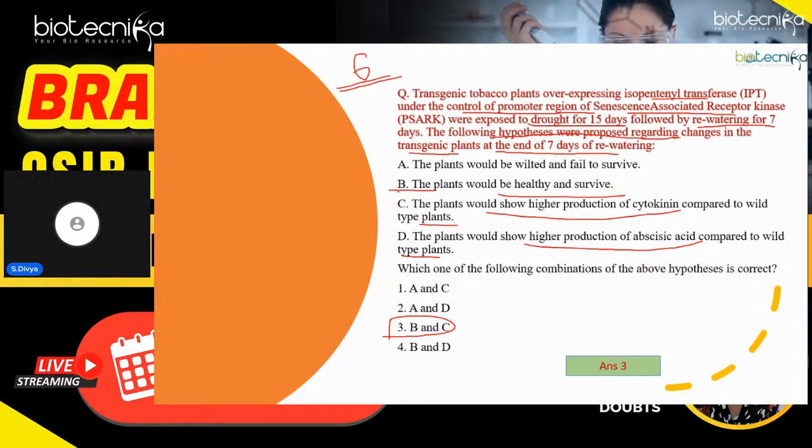Obviously, if statement B is correct, you can eliminate statement A. After rewatering, the plants are able to survive. And if statement C is correct, after rewatering, at that junction, you will find high production of cytokinin. So, cytokinin will induce what? Delay senescence. So, you can get to the conclusion that statements B and C are correct.